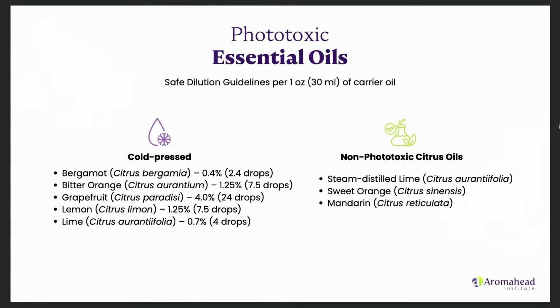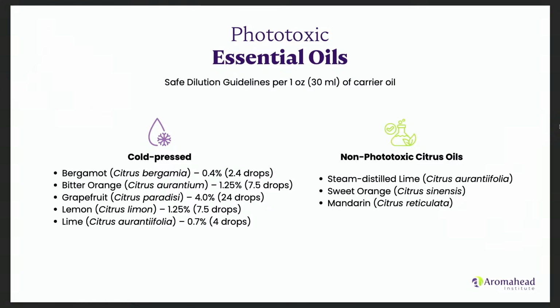Now, when we look at these cold pressed oils that are phototoxic, it's cumulative, which means that if I used 2 drops of bergamot in my blend, I don't have any room for any other phototoxic oils. I cannot put any other phototoxic oils in.